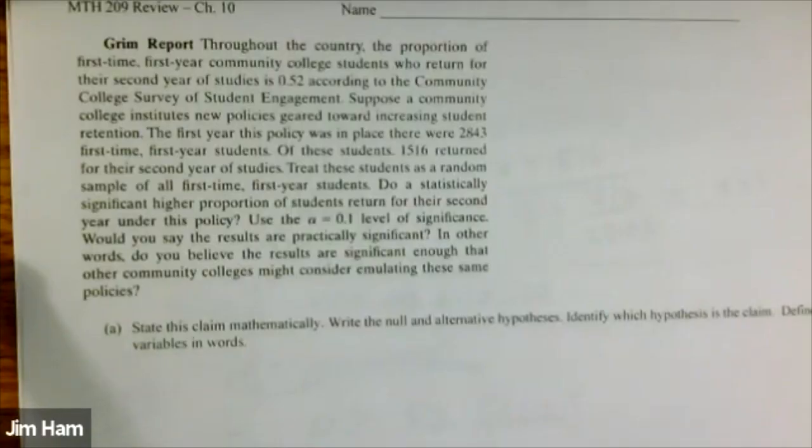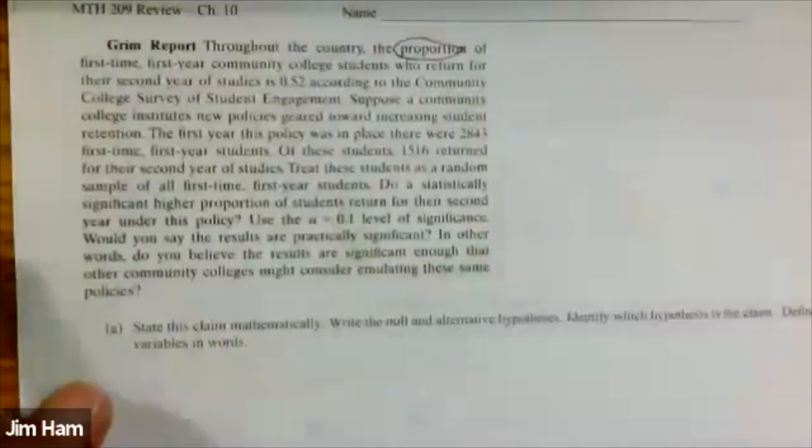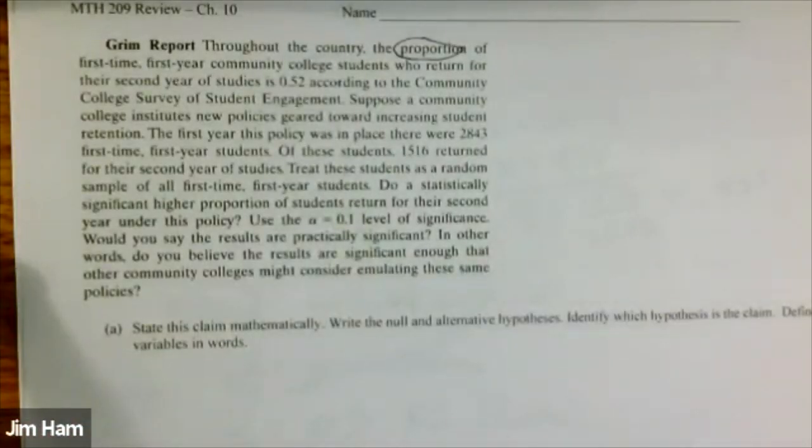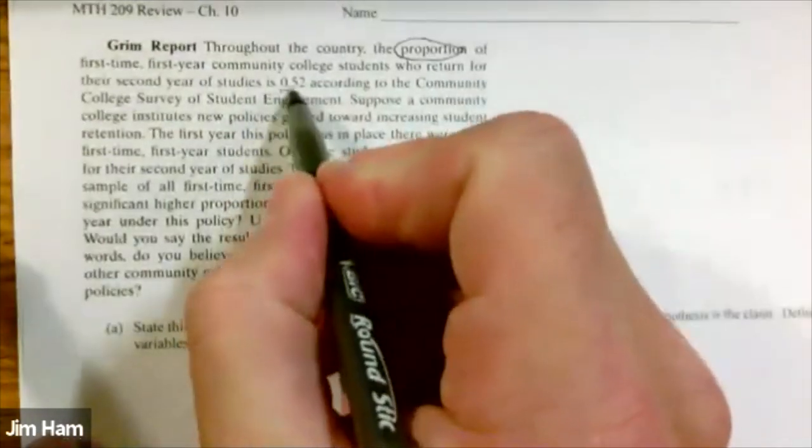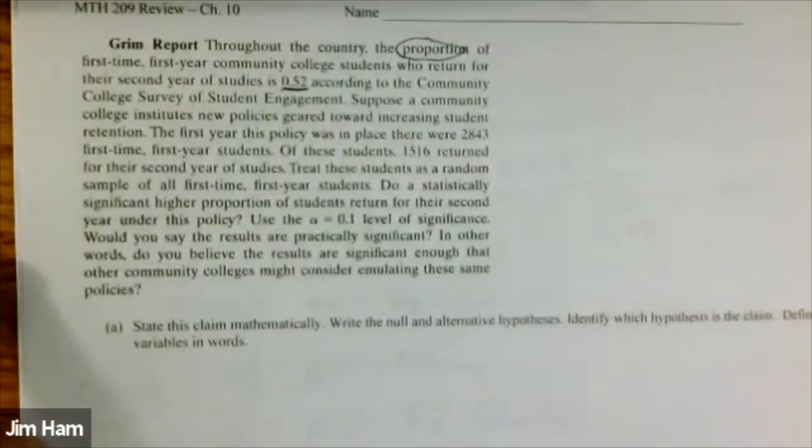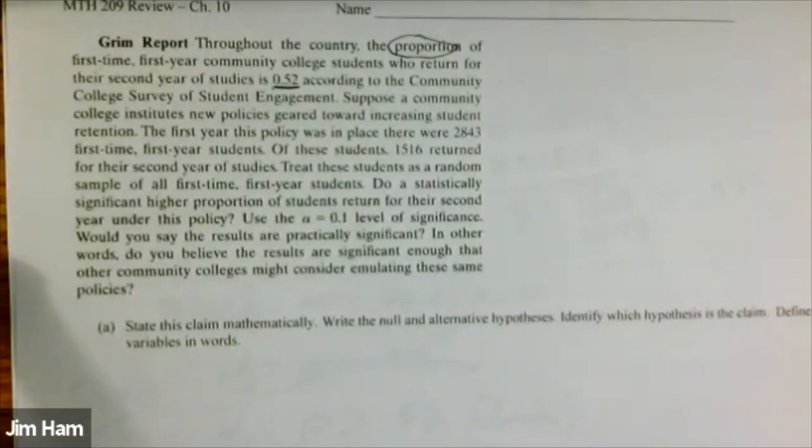Grim report. Throughout the country, the proportion of, look at that, it tells us what the problem's about, a proportion. First-year community college students who return for their second year, we call this retention, is 0.52. So just over half of students that attend the community college in one year will come back the next year.